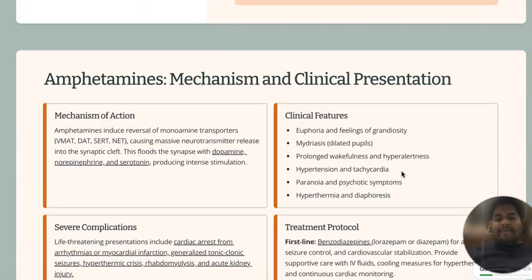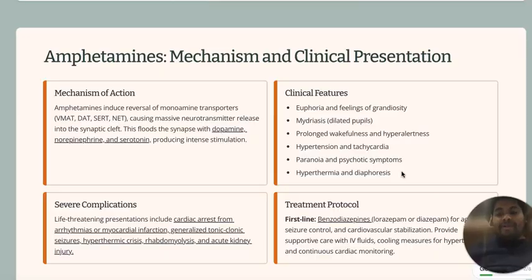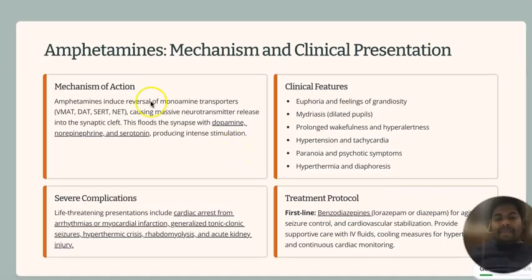Now amphetamines. We're moving to the drug-specific content under the stimulants category. The mechanism of amphetamine is that it induces a reversal of monoamine transporters. These include the dopamine transporter, serotonin transporter, and norepinephrine transporter.